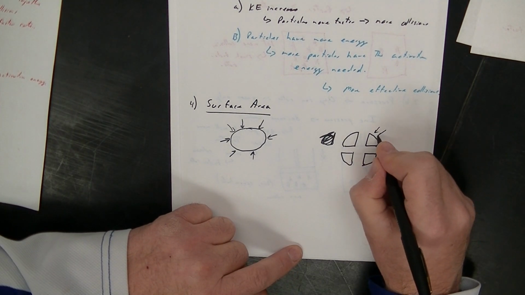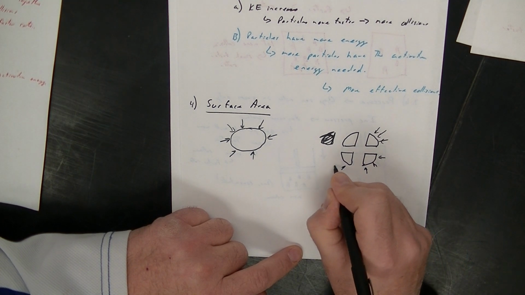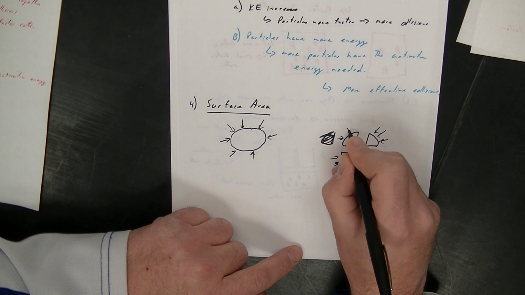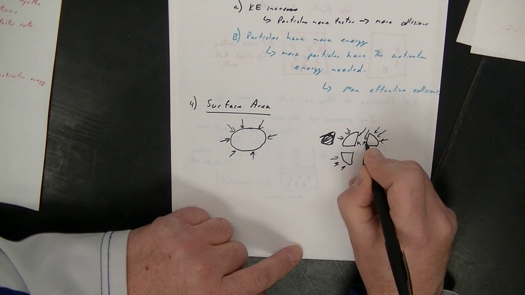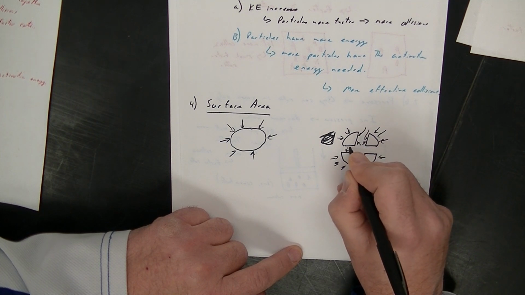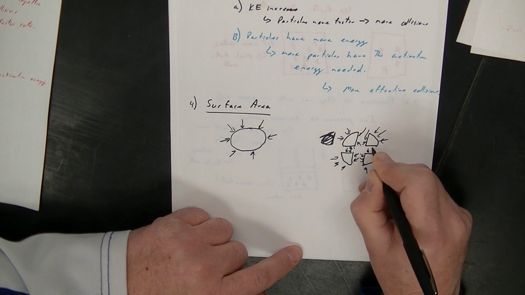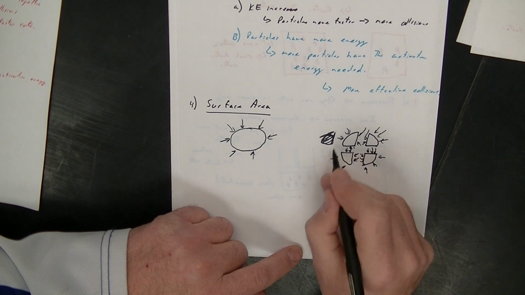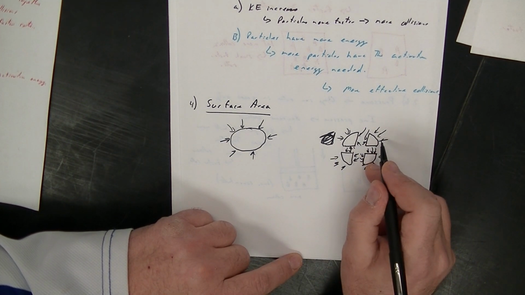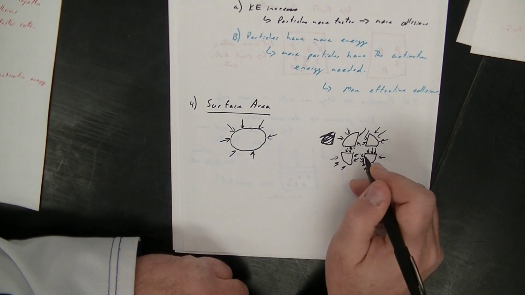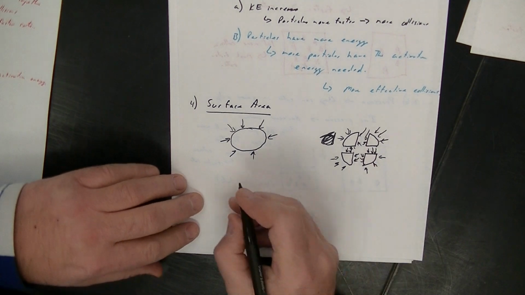Well, all of this area that was originally exposed is still there. But now, what have I done? Well, now there's area inside that was not available before. Okay, so all this area in here, all this surface area is now exposed, so collisions can happen here. Well, if we cause more collisions, that means we're going to have a faster rate. So as we increase surface area, okay, our reaction rates will increase.